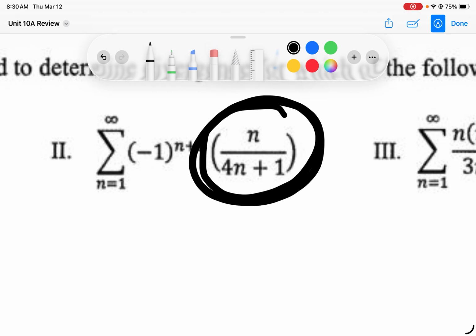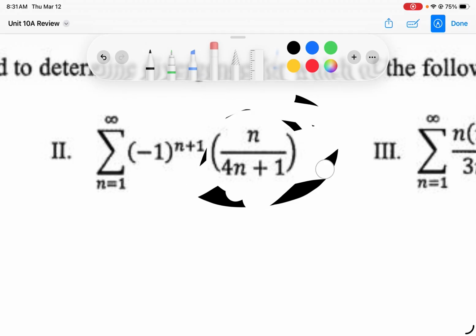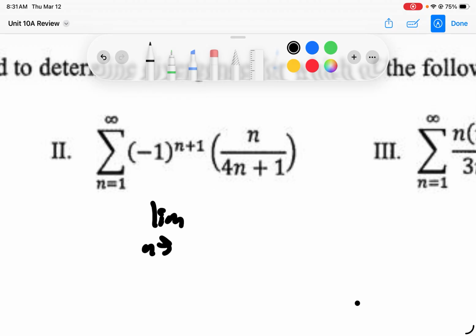But even if I did, the limit of these terms of the sequence is 1/4. If I bring that alternating in, the limit goes back and forth between 1/4, negative 1/4, 1/4, negative 1/4. So that limit is not 0. The limit does not exist.